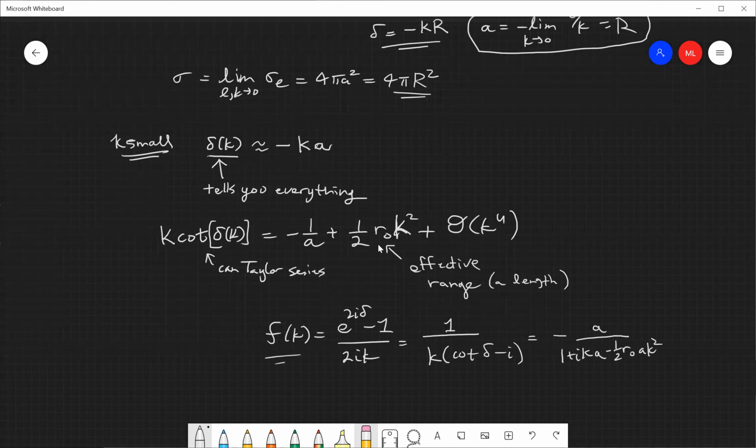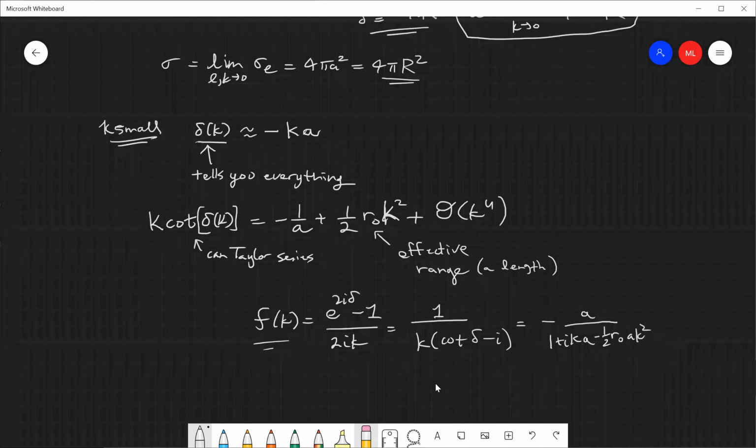Notice that this is independent of the potential. This is what I want to emphasize. In S-wave scattering, if you start perturbing away from k equals 0, you just need a couple of parameters to fully specify your scattering problem. To lowest order, you just need the scattering length. That tells you everything. If you want to do a little bit better and see what happens at higher, larger momentum, then you could introduce this effective range parameter.